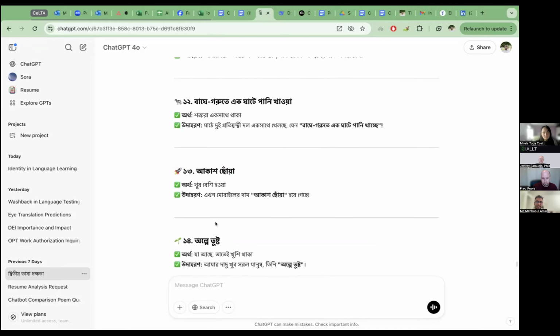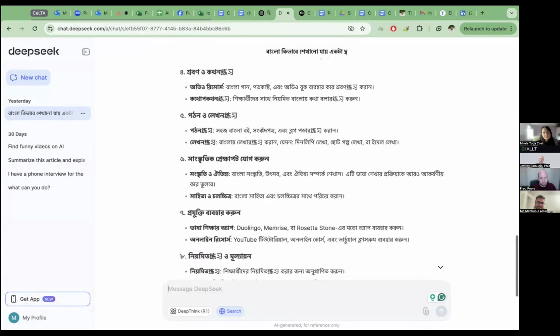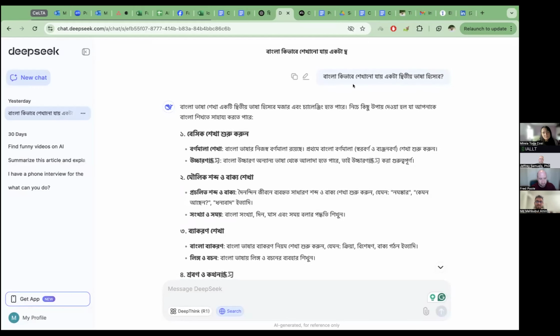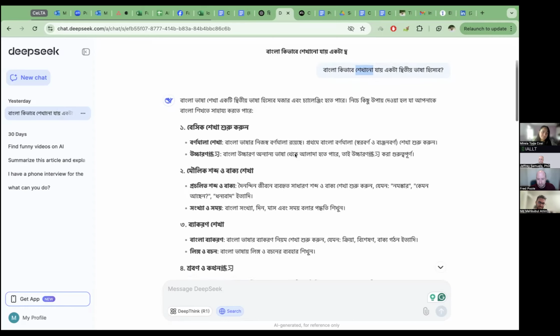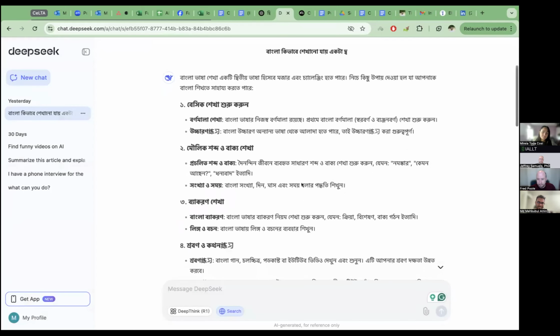I then started trying out DeepSeek a bit, but DeepSeek misunderstood the first word I asked it. I asked how can I teach Bangla as a second language, but it thought how can I learn Bangla as a second language, and it started giving me answers in Bangla.